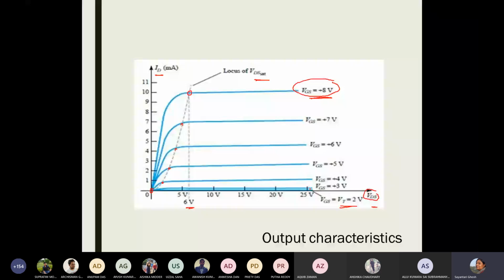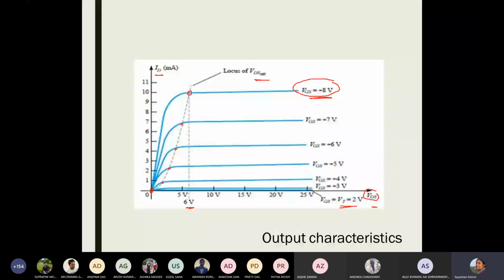Enhancement type N-channel MOSFET. So we discussed it in detail today. Just go and read about it a little bit and try to figure out what are the main similarities and what are the main dissimilarities of this device with JFET. And I am giving you one homework: try to draw the transfer characteristics in the same way that we did in case of JFET, right?